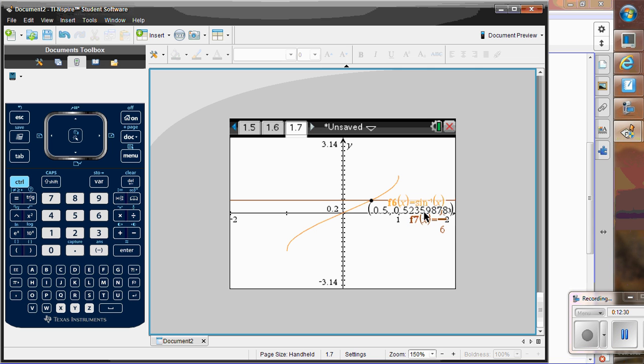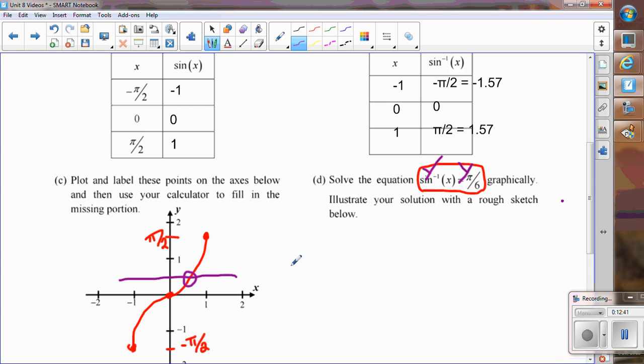And this is the value of pi over 6, 0.52. If you look at the decimal we get, it's 0.5. So it's x over, pi over 6 up. So that point of intersection right here is 0.5, comma pi over 6.